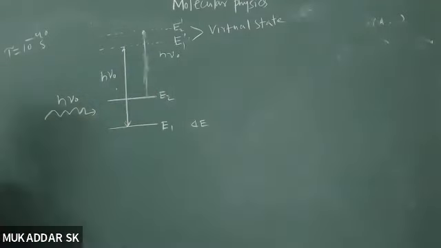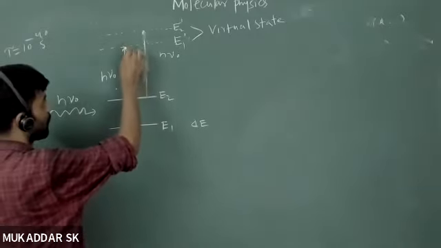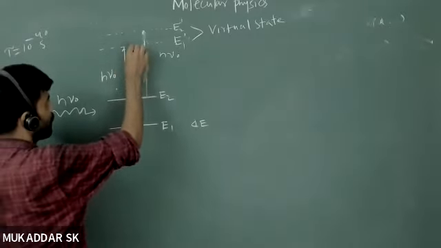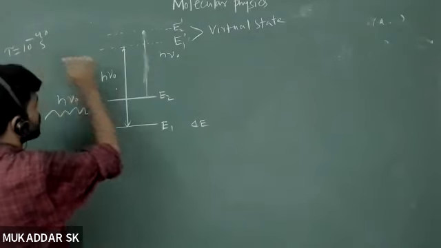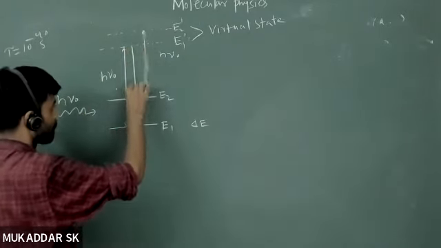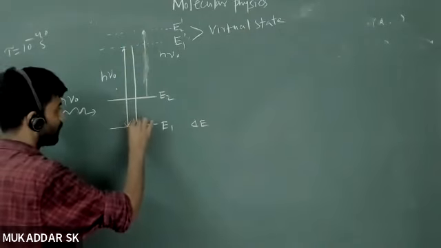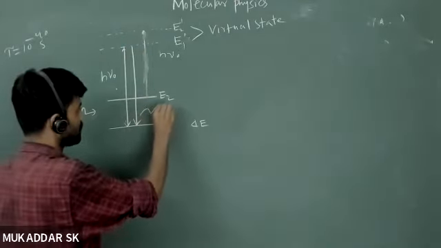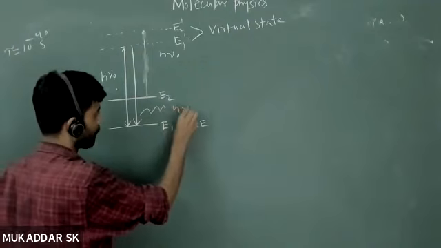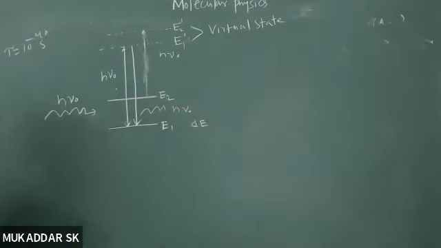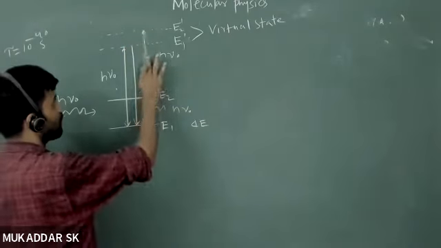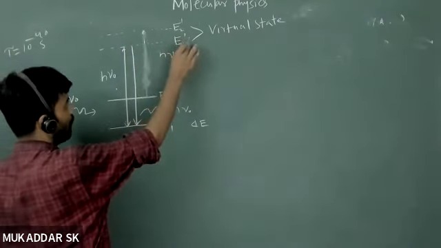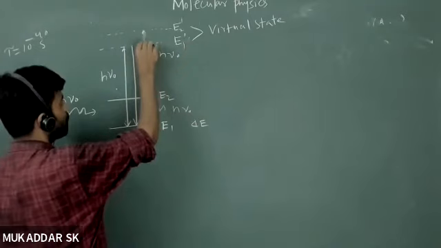Now your molecule has come here, okay. So from here, which states can the molecule go to? Within a very short time, 10 to the power minus 40 seconds, this molecule can jump to E1 dash to E1, and it will produce what? The same energy as the incoming beam, right? Or it has another possibility: it can jump from E1 dash to E2.